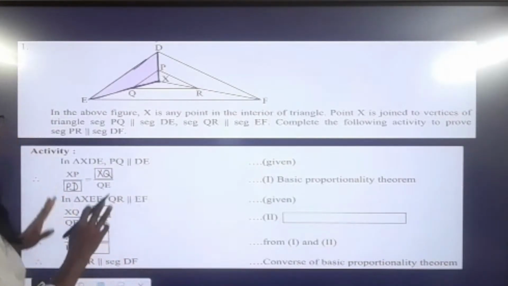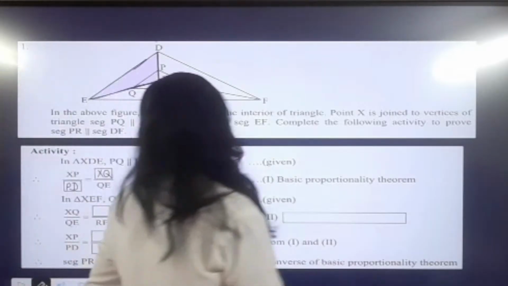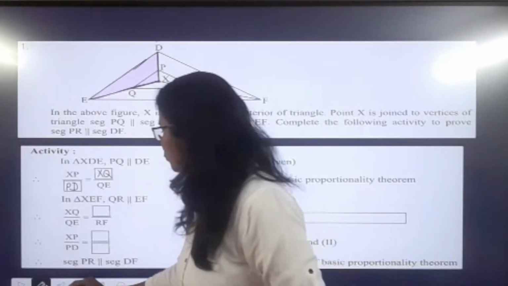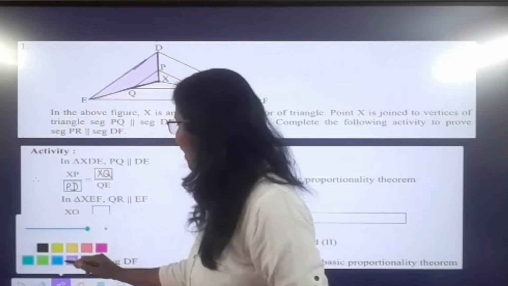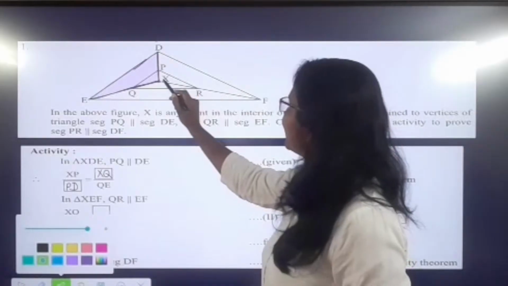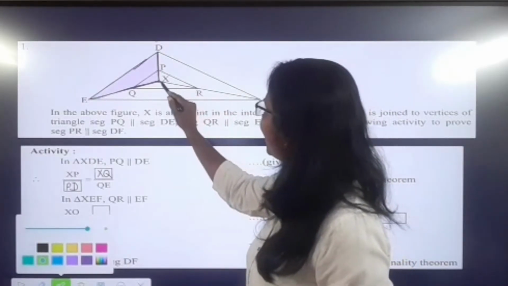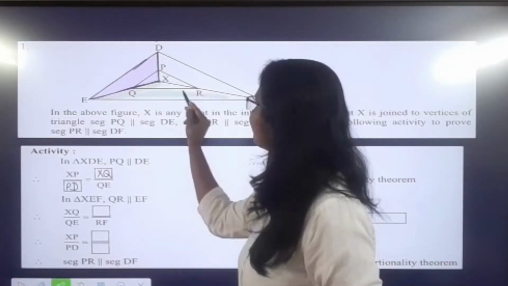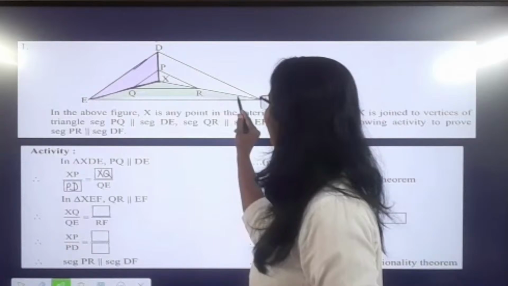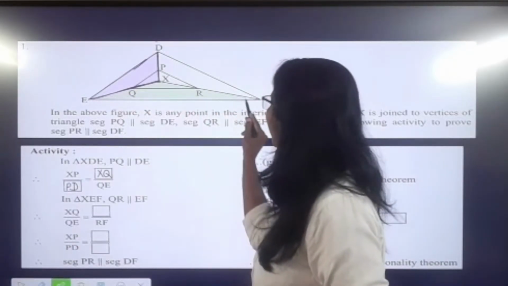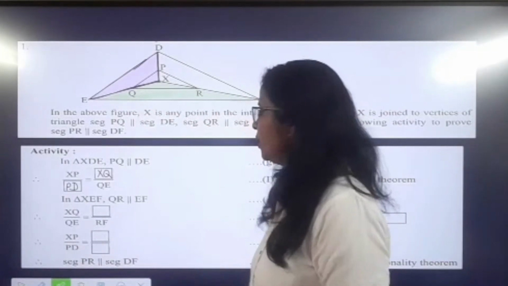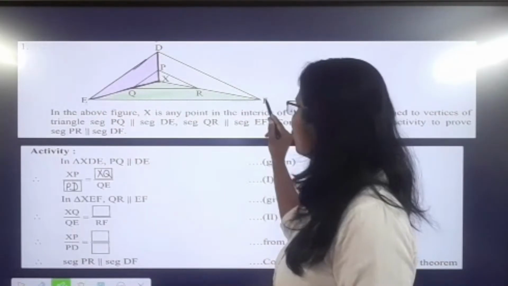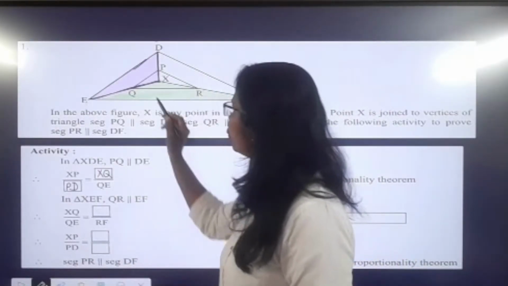Now the second part, in triangle XEF, students. In this triangle, QR is parallel to EF.